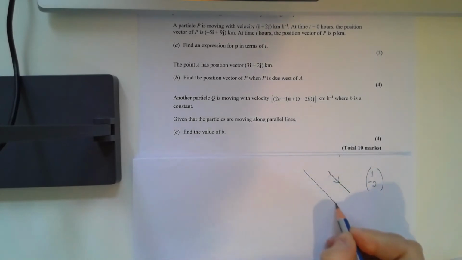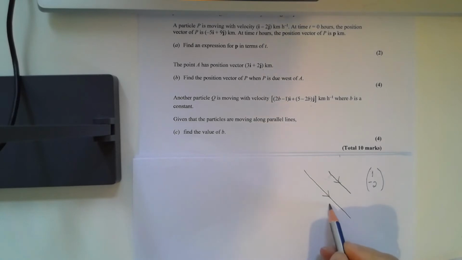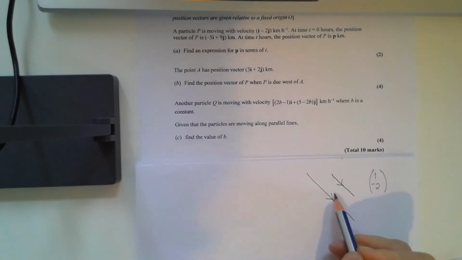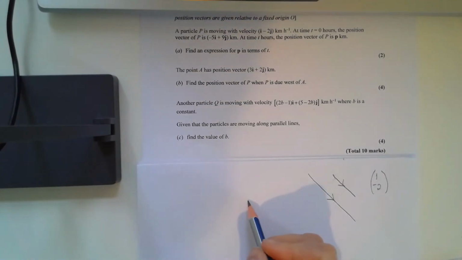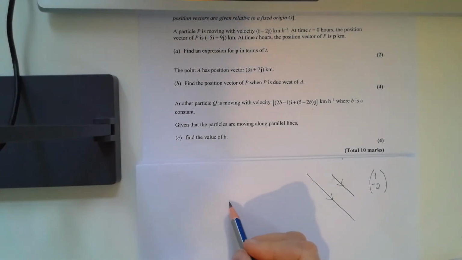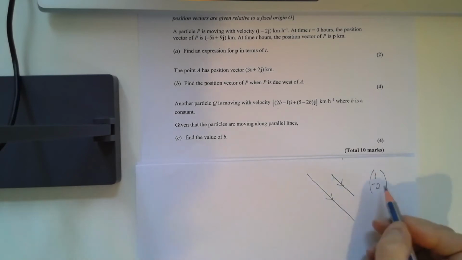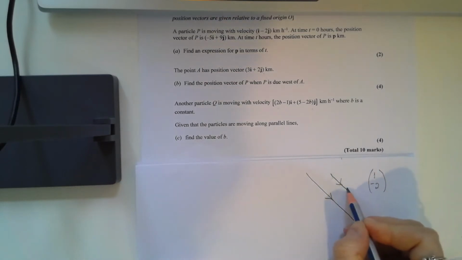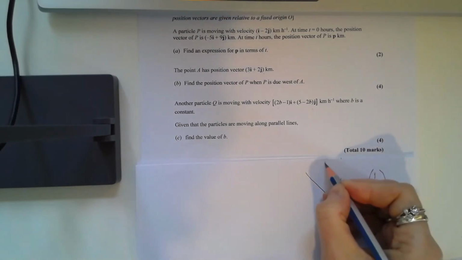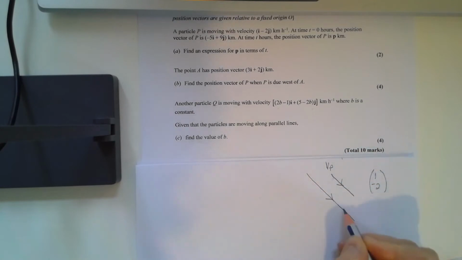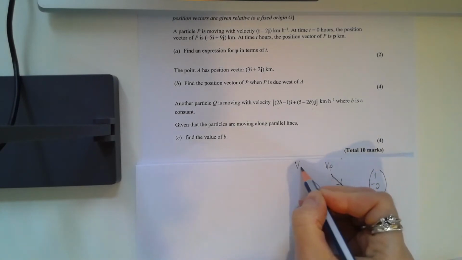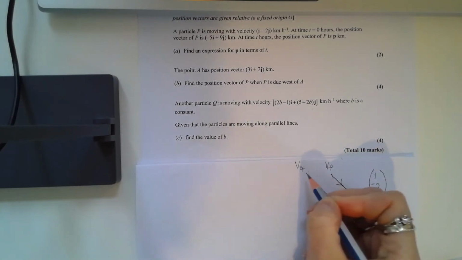So that means the velocity of Q must be parallel to that. It must have the same gradient. So we can make an equation for the gradients. We know that the rise over run for the velocity of P is the same as the rise over run for the velocity of Q.